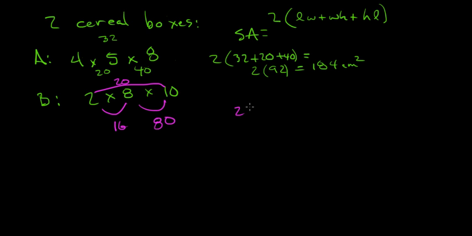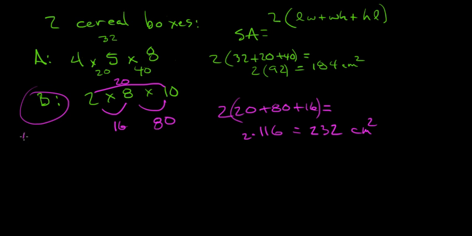So you get 20 plus 80 plus 16 times 2 equals, let's see, 116 times 2 equals 232 centimeters squared. Now, obviously B has more surface area. Let's look at volume.